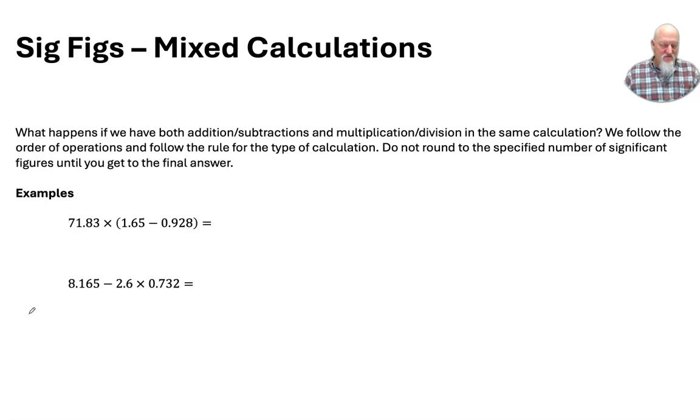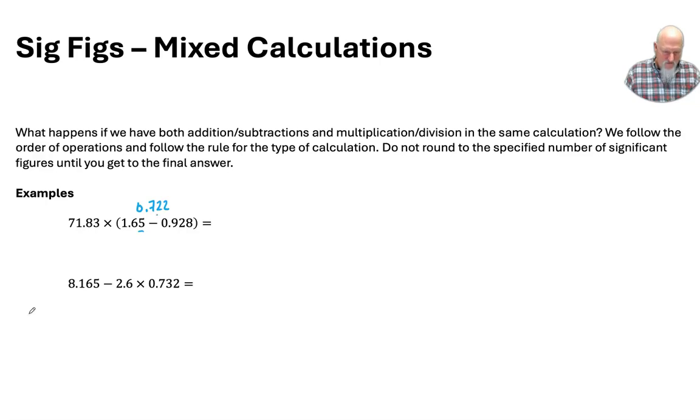So 1.65 minus 0.928. I get 0.722. Okay, so if I'm following my rules for addition and subtraction, I can see that this number runs out of significant figures after 2 decimals, and this one runs out after 3.